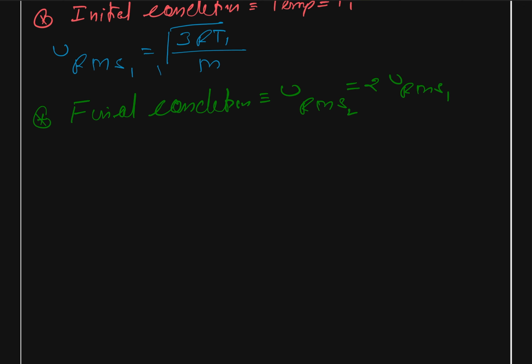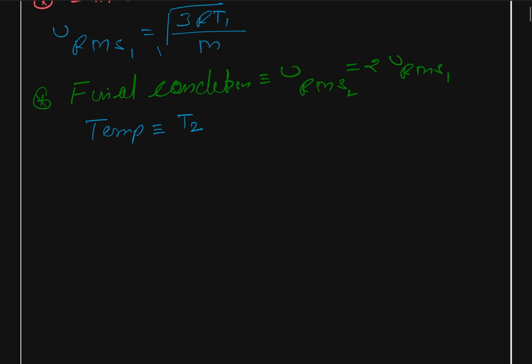So we substitute VRMS 1, and for final condition let us also assume that the temperature is T2. Therefore we can write this as the square root of 3R T2 upon m is equal to 2 times the square root of 3R T1 upon m, and here this square root cannot be cancelled out directly.